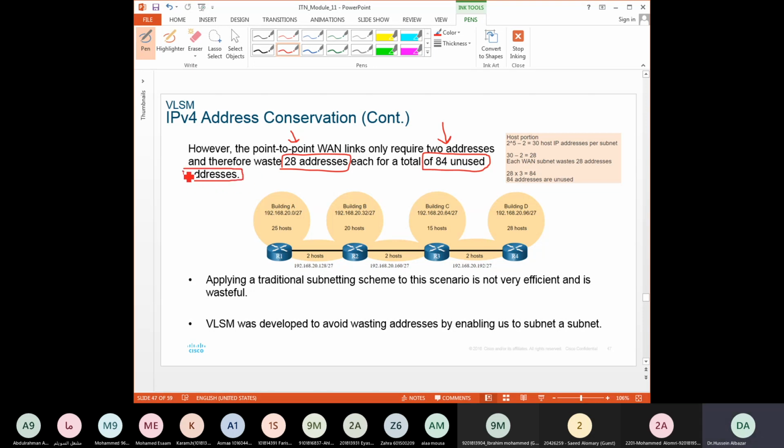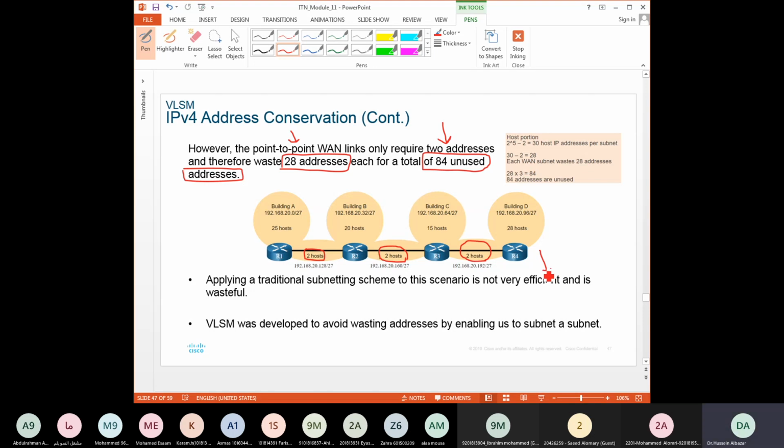How come 84? 28 unused addresses here, another 28 here, and another 28 here. So applying the traditional subnetting scheme in this scenario is not very efficient.